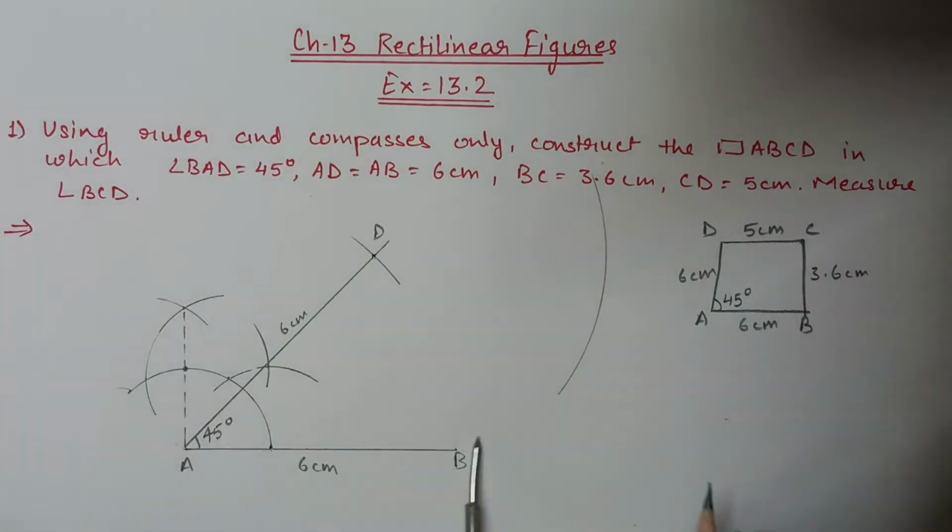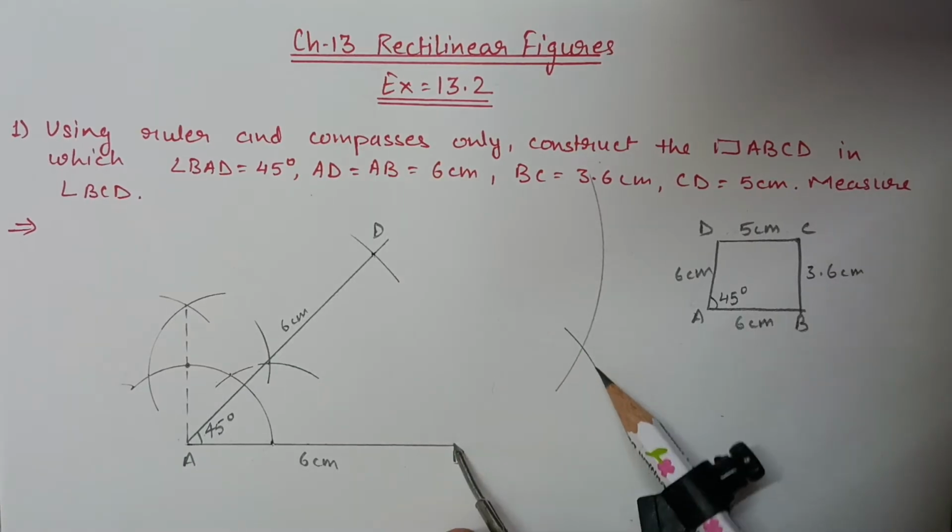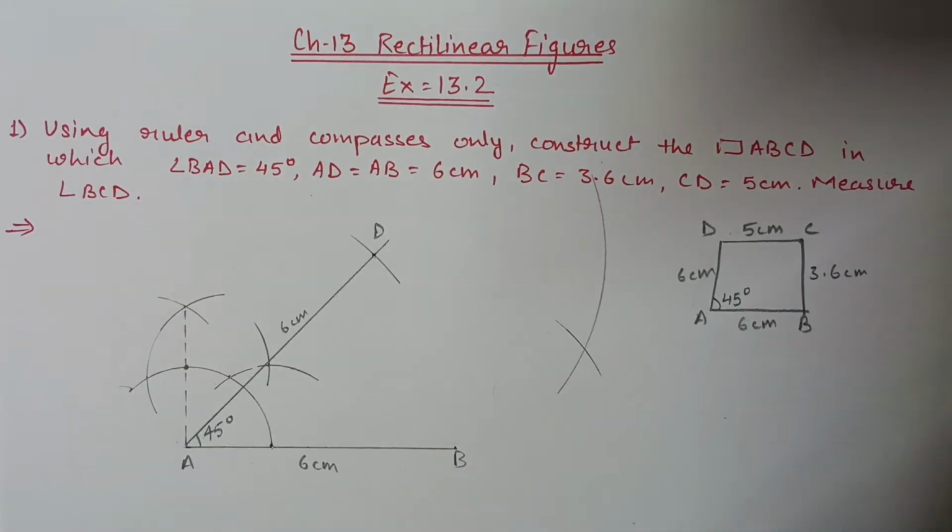Now another arc we have to put from B with 3.6 centimeter. So take 3.6 centimeter distance in compass, and from B put another arc. Both the arcs should cut each other.